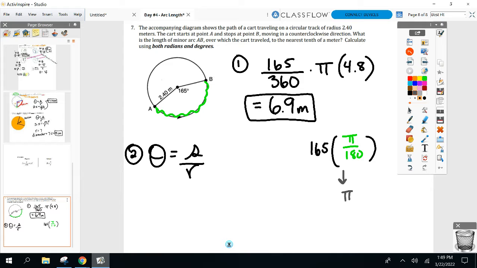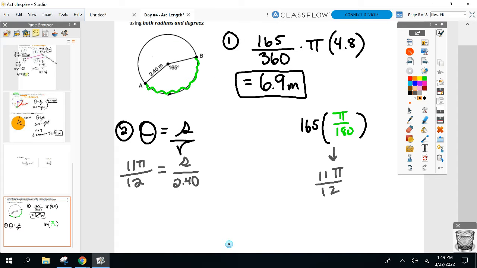Write my calculator in a fraction template. That'll tell me what it reduces down to. 11 pi over 12. There we go. So go back to theta. 11 pi over 12 equals S over 2.4. And I'm the only one that gets excited about this.